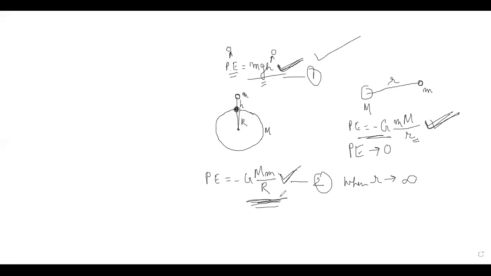The zero reference of the potential energy is arbitrary. We can take any finite fixed number as the zero reference. What is important is not the exact value of the potential energy, but the change in potential energy when the object moves from one point to another.